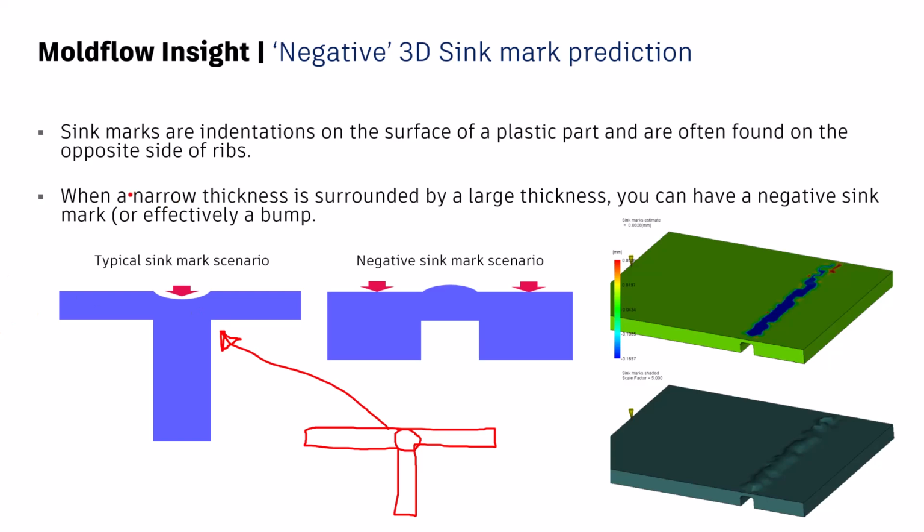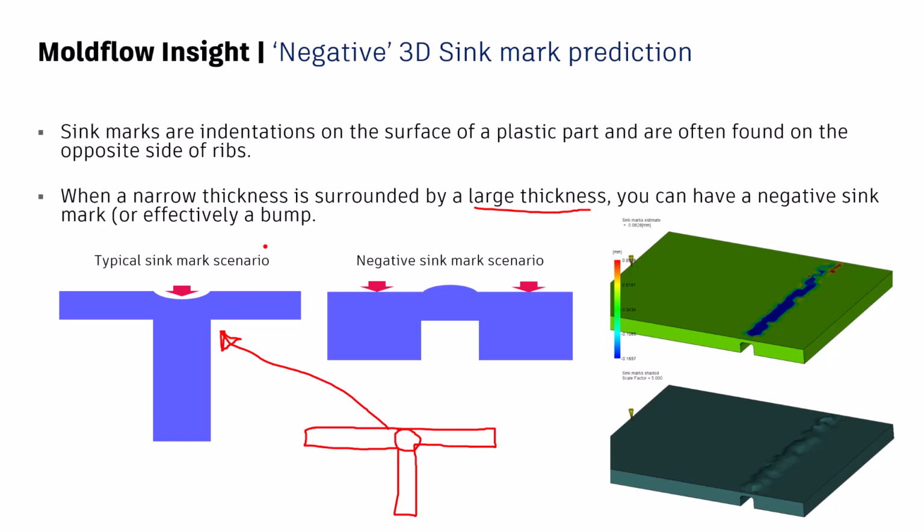And this is what we say: when a narrow thickness is surrounded by a large thickness, you can have negative sink marks, and this is what we try to simulate in this negative 3D sink mark prediction.